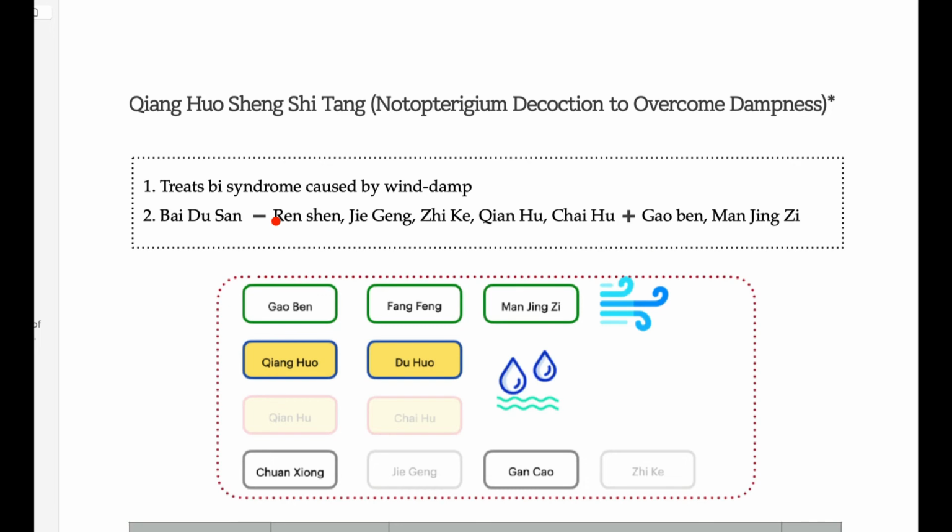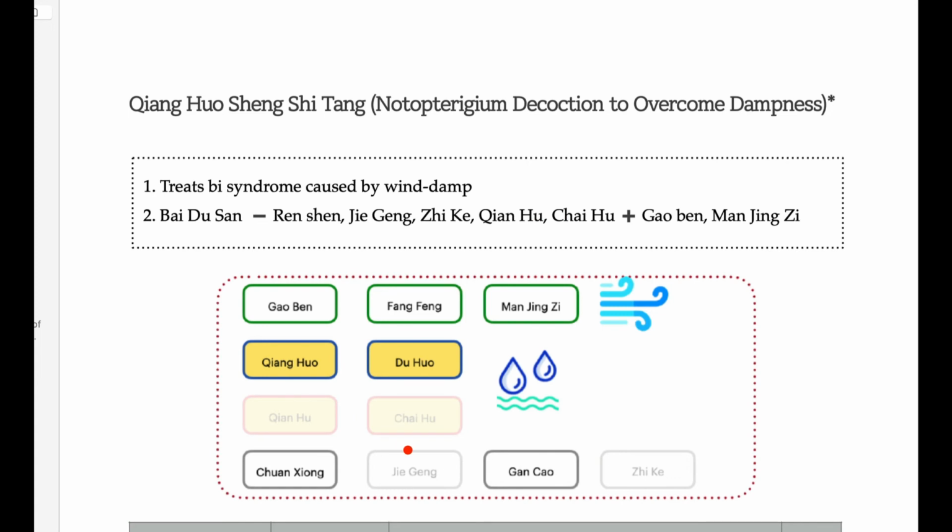And also we need to remove these grayed out herbs, Qianhu and Chaihu. Those herbs release the heat and release the exterior. And Jiegeng and Zhiqiao are also removed. So Renshen, Jiegeng, Zhiqiao, Qianhu and Chaihu are removed from Baidusan.